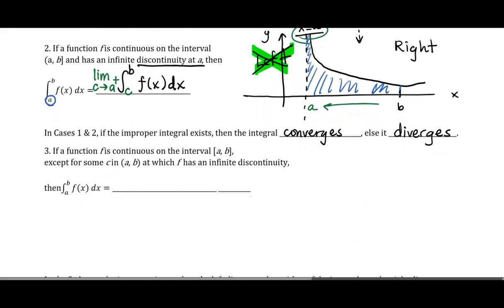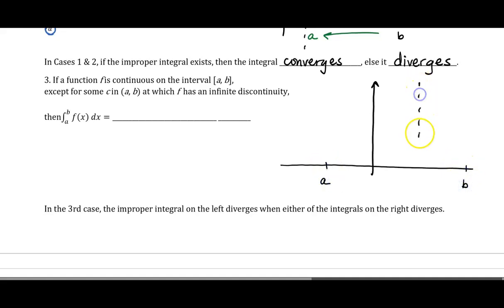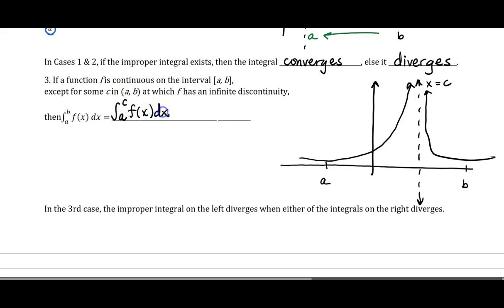In the third case, it deals with what happens if we're trying to integrate from A to B. Say A is here and B is here, but what if there's an infinite discontinuity in the middle at some point C? Well, we're just going to have to split this up into two separate integrals. I would need to integrate from A to C of the function f of x. Notice that in that integral, C is a problem.